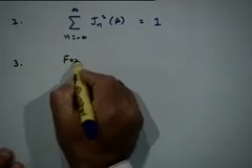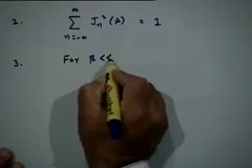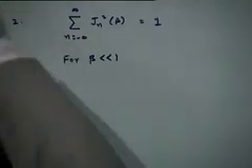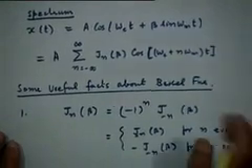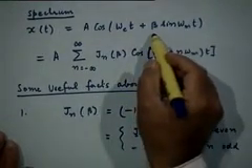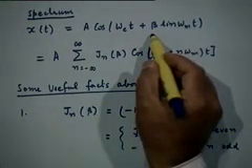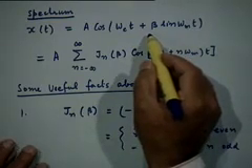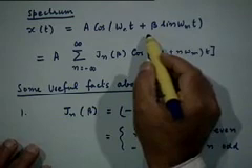Thirdly, for beta, remember what is beta? Beta is this index present in the modulated signal, and we have defined beta to be the so-called modulation index for angle modulated signals.